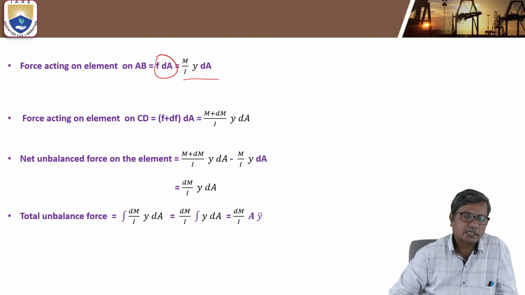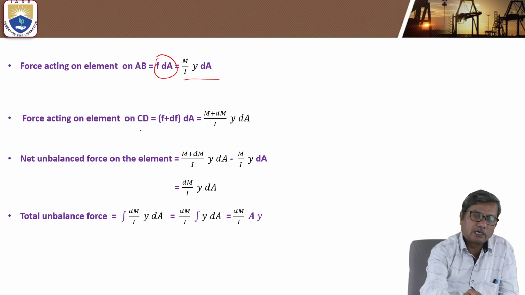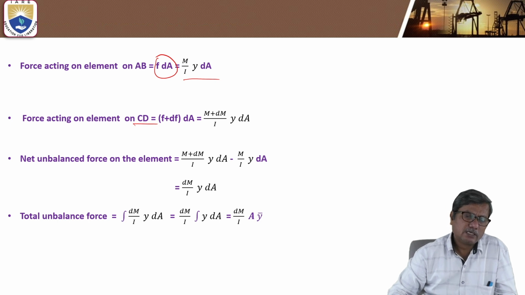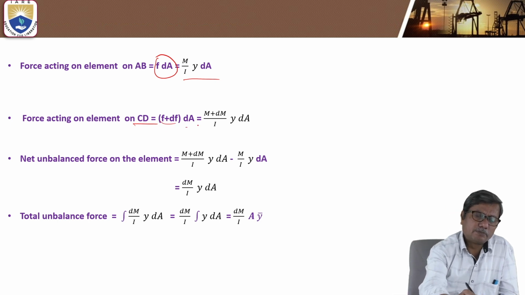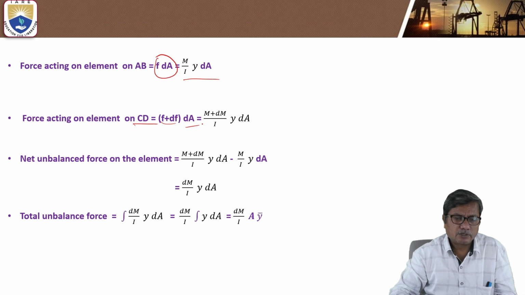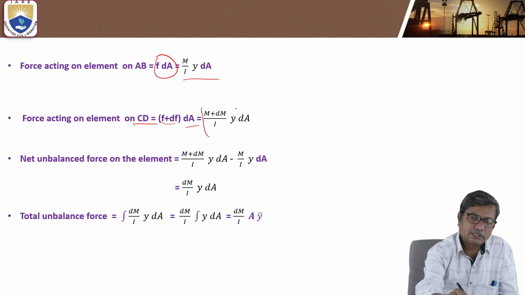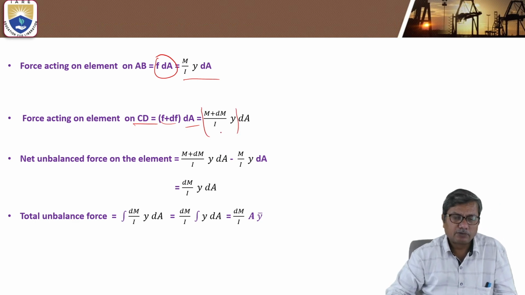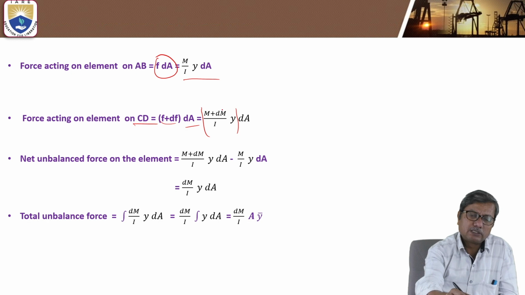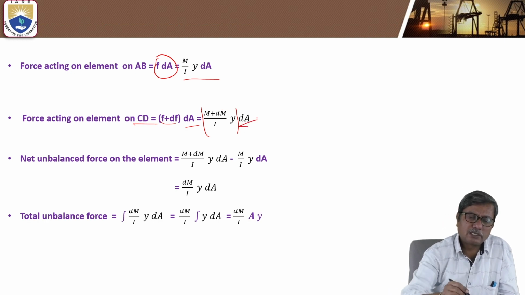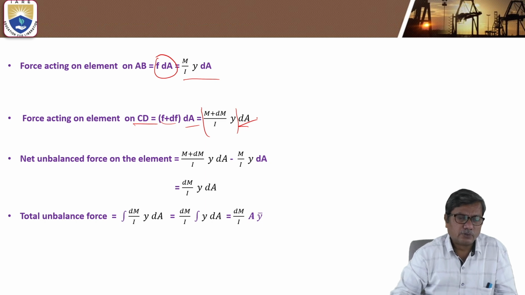Similarly, the force acting at the right end of the elementary cylinder is the stress multiplied by area again. The stress is sigma plus d sigma, which from the bending equation is M plus dM by I into y, multiplied by area dA, giving the force acting on the elementary cylinder.